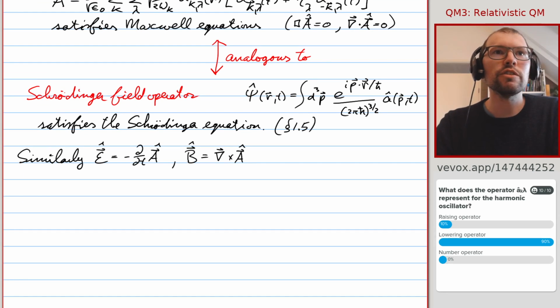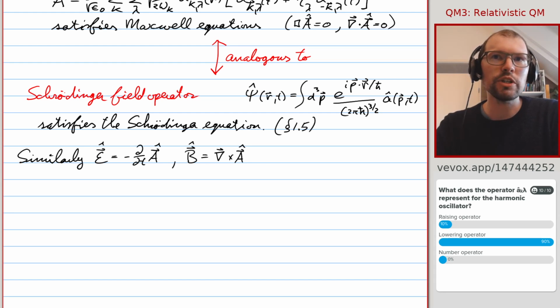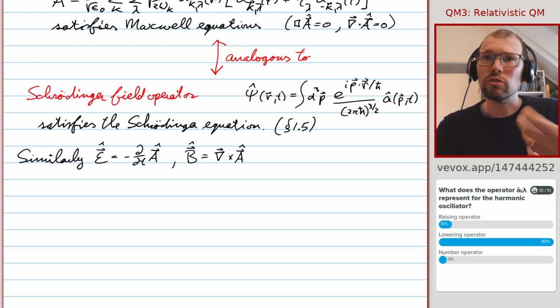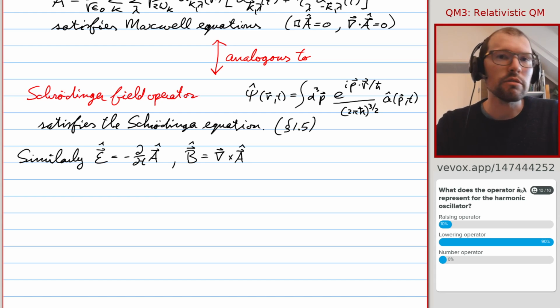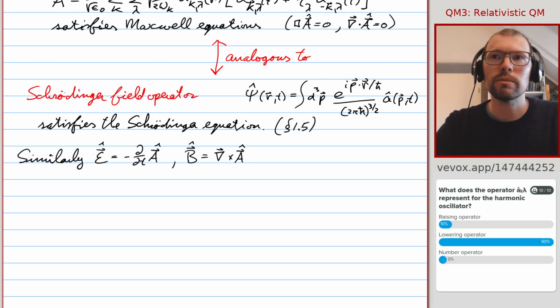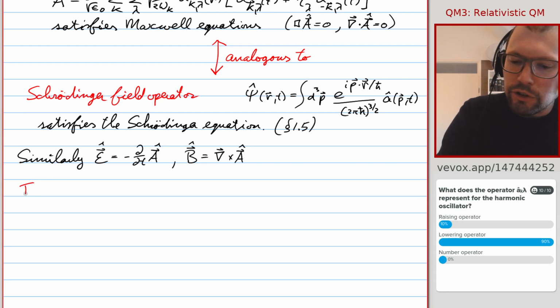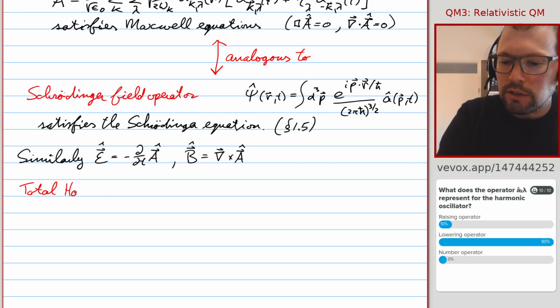So then any quantities that we understand in terms of the electric and magnetic field, or can express in terms of these, we can also construct operator versions of them and see how they act on this Fock space. A natural thing to look at is, of course, just the Hamiltonian itself. So let's call that the total Hamiltonian.